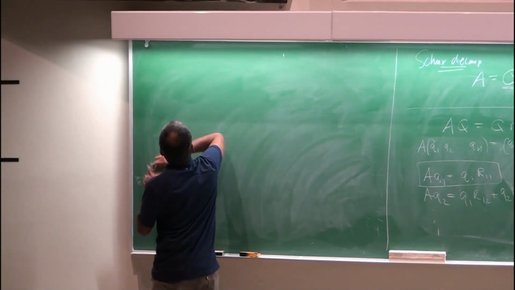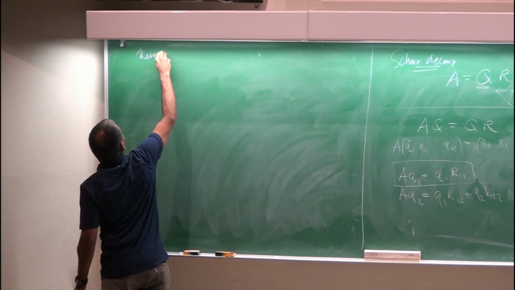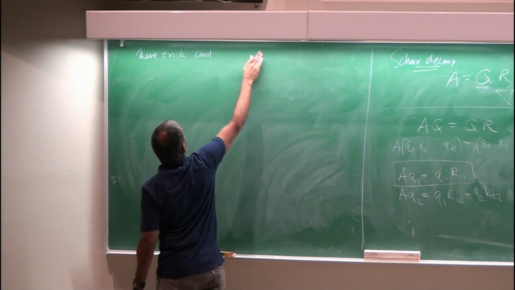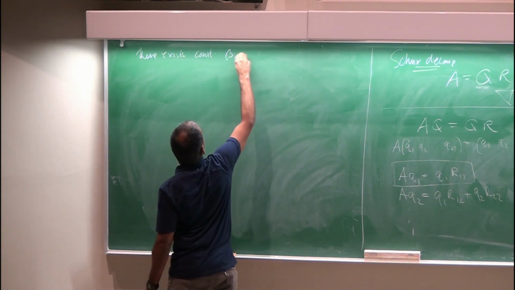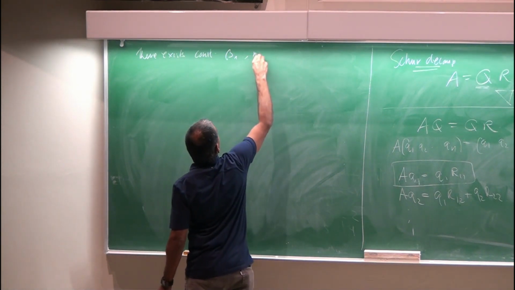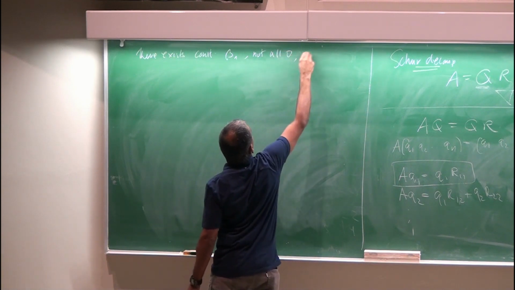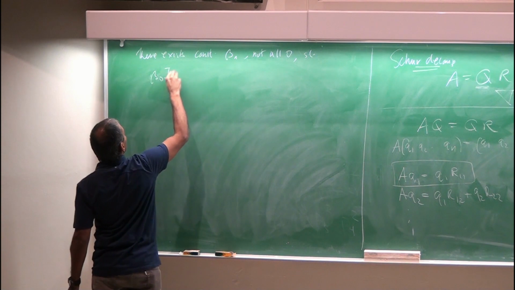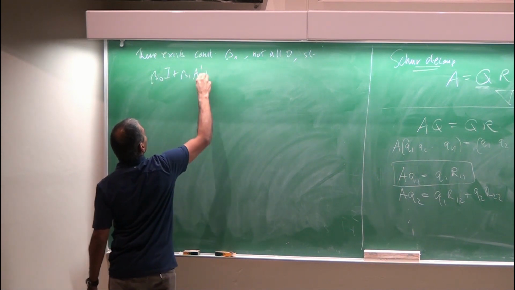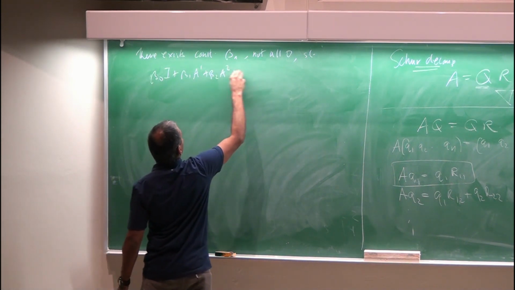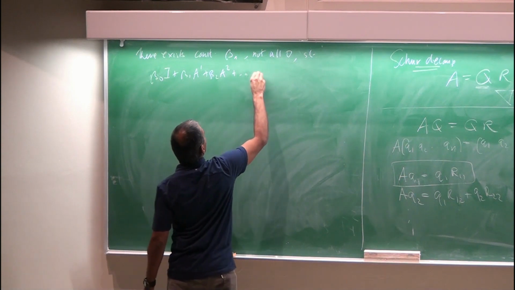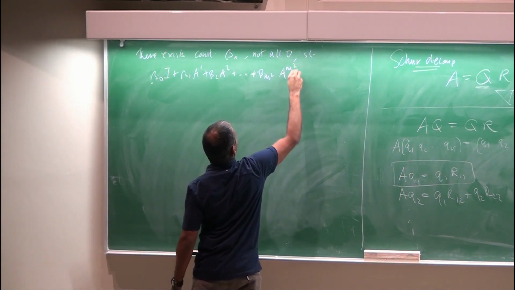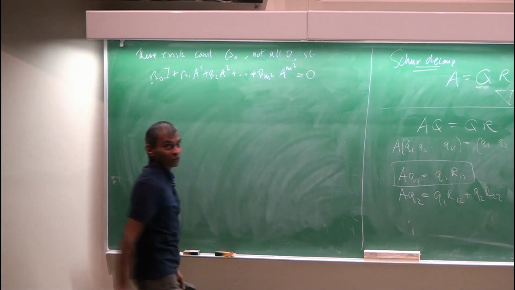So we know that there exist constants that depend only upon A, beta i, not all 0, such that if we do beta 0 times identity plus beta 1 A plus beta 2 A squared, like that, up to beta m squared A power m squared, it will be exactly the zero matrix.